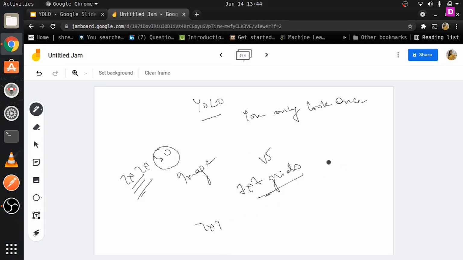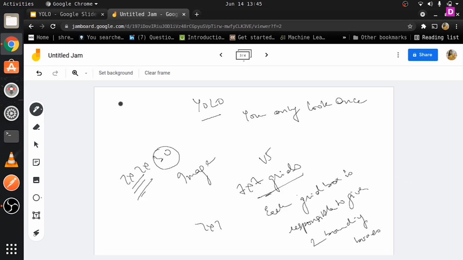Each grid box, or each feature map box, whatever you say, is responsible for giving 2 bounding boxes.